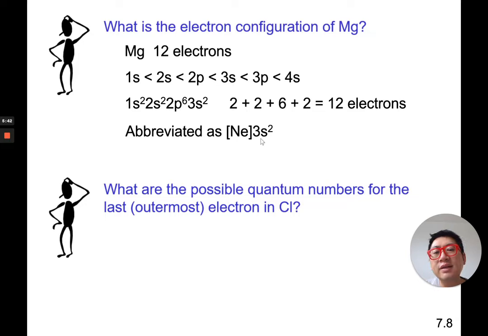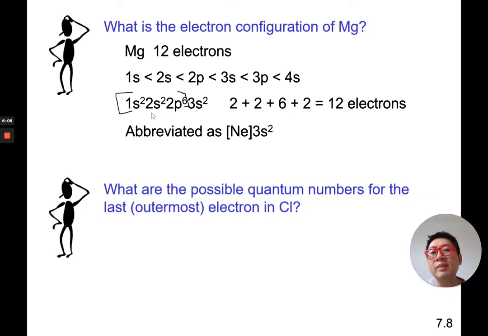Why is it neon 3s2? If you look on a periodic table, you'll notice that this, that I'm putting in brackets, is neon. And so, as a shorthand, especially for really big atoms, we write what's called the noble gas electron configuration form.